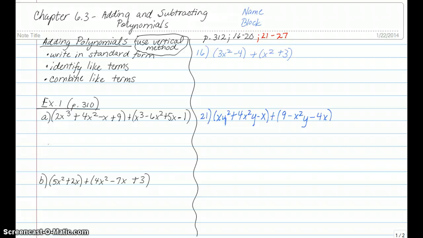This is example 1 from page 310, letter A. We have 2x cubed plus 4x squared minus x plus 9 plus x cubed minus 6x squared plus 5x minus 1. In your book, it's given verbally as subtract 3x cubed plus 4x squared plus 9x from 6x cubed minus x squared plus 7x minus 12.